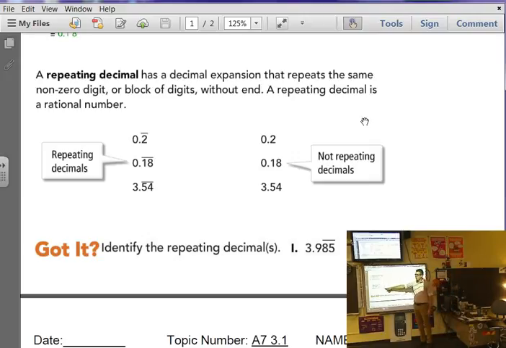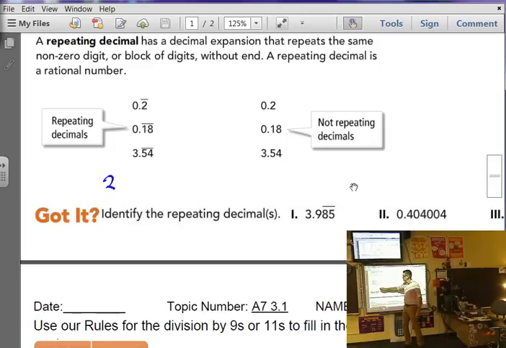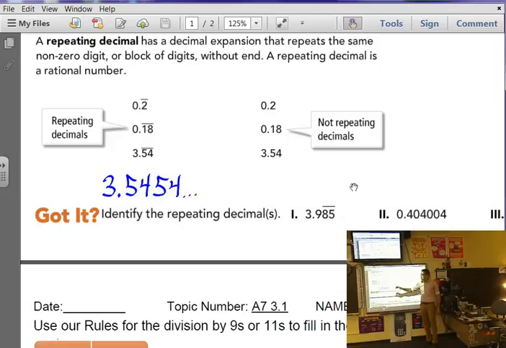So repeating, there are multiple ways to represent it. They only show you the bar here. Here, these are not repeating, no bar or ellipsis. There's also the ellipsis, so you might notate it that way. Especially in a situation like this, you want to write the pattern twice. You cannot just do this, because we don't know what repeats.